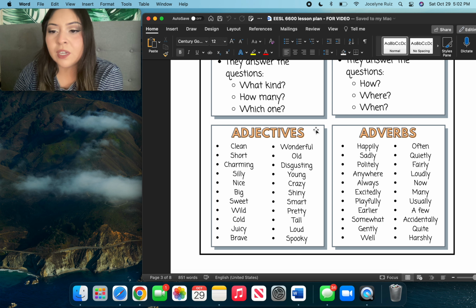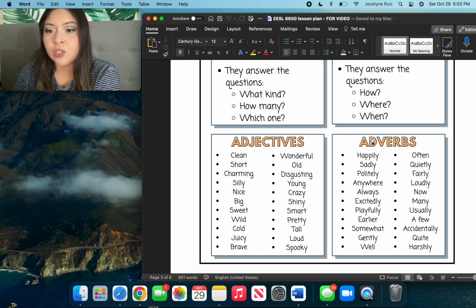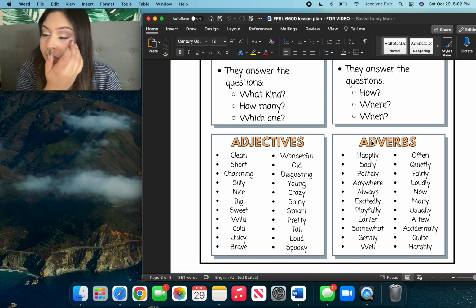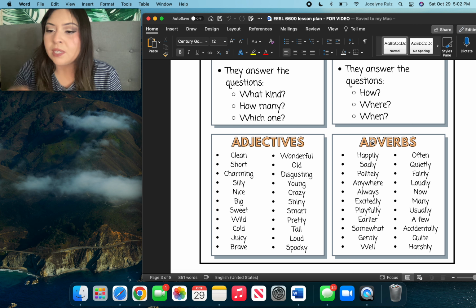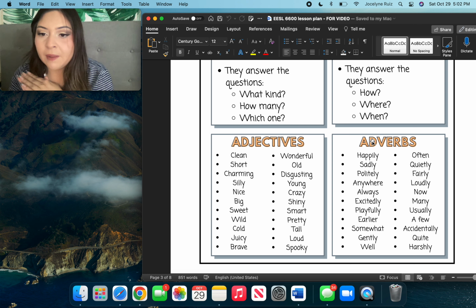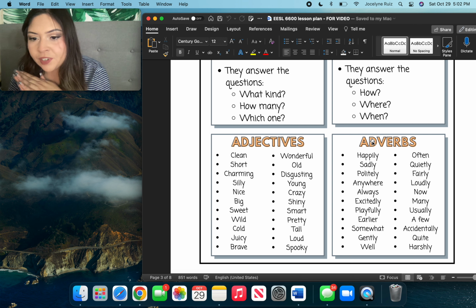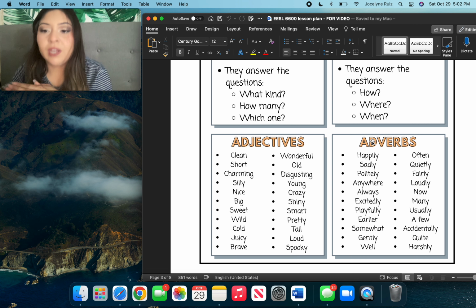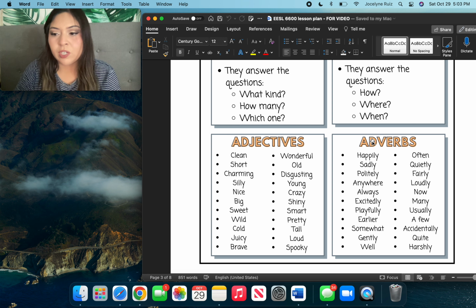These adverbs answer the questions how, where, and when. If you say how, they did it happily, sadly, politely. If you say where, even though it's not on the list, you can say here, there, different types of adverbs. When it says when, you can put frequently, often, somewhat. So those answer those types of questions.